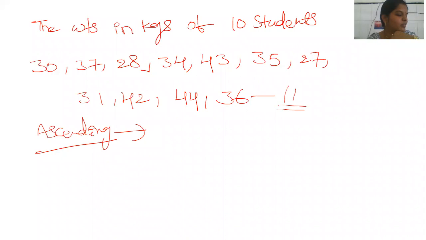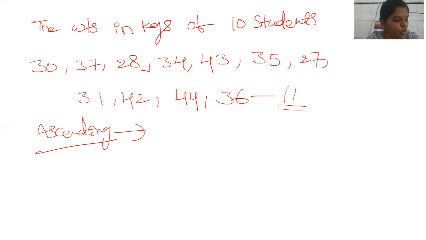One conclusion: there are 11 items. That is an odd number of values.